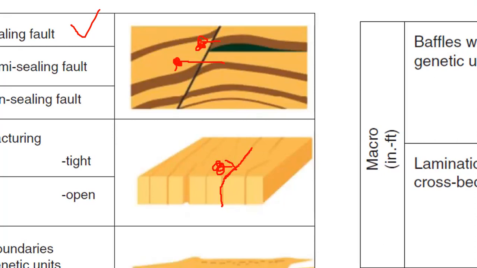Low permeability to high permeability, low permeability again, high permeability again. Why? Because you see many fractures. And the properties of the fracture are very different from the matrix. The rock matrix and the fractures have different porosity, and they have different permeability.